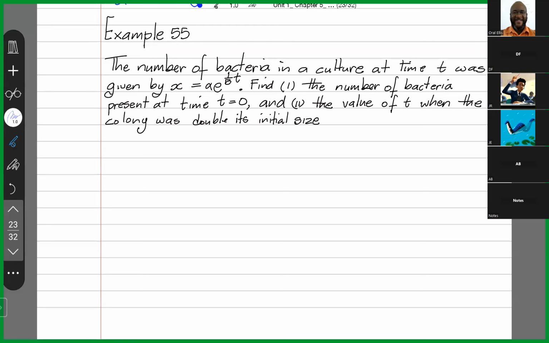So example 55 says the number of bacteria in a culture at time t was given by x is equal to alpha e to the 1/5 t. Find I, the number of bacteria present at time t is equal to 0.